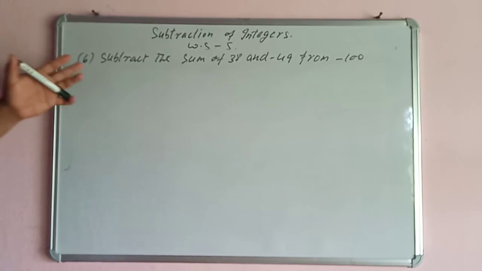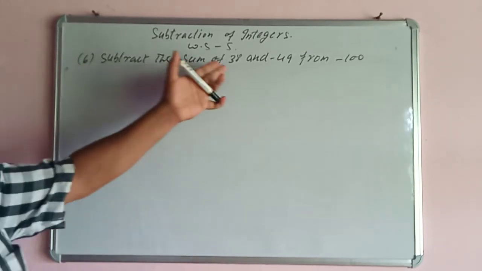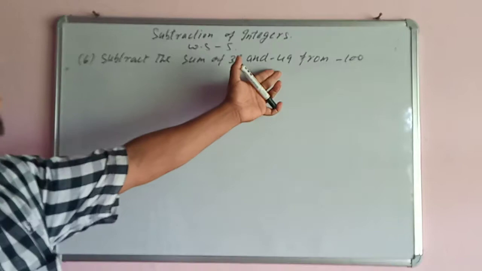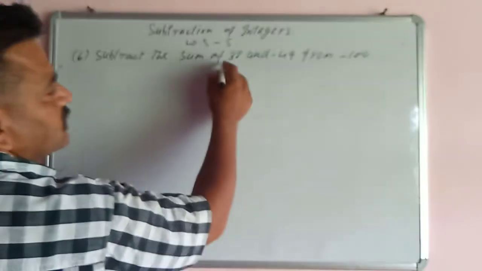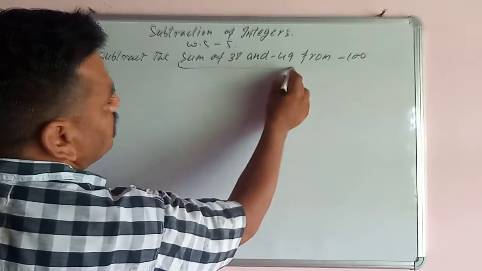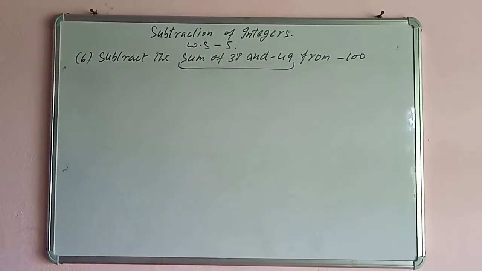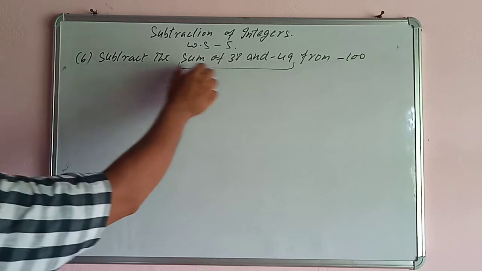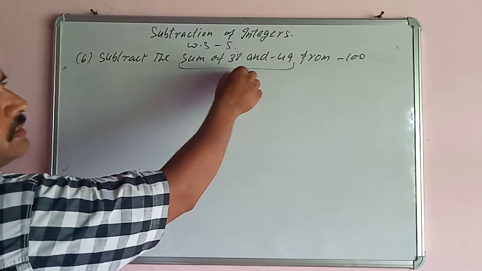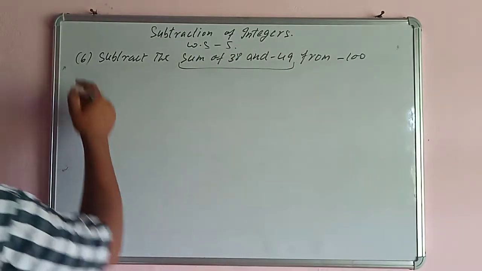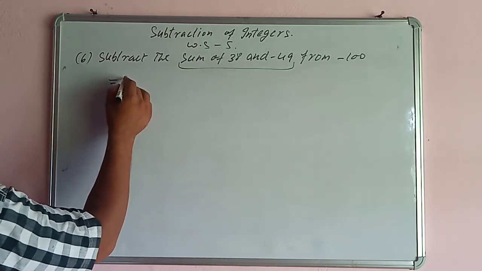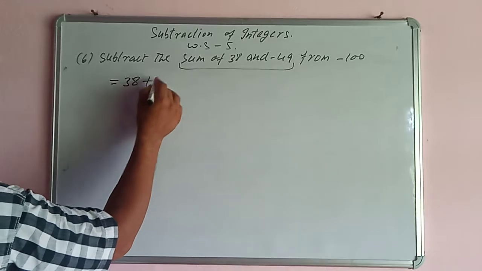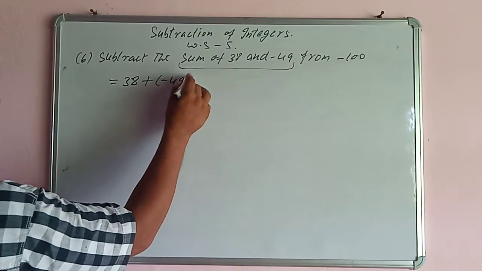So next question is, subtract the sum of 38 and minus 49 from minus 100. So here we have two parts. In the first part it is sum. So first of all we will find the sum of 38 and minus 49. So how we will solve? So that is equal to 38 plus minus 49.